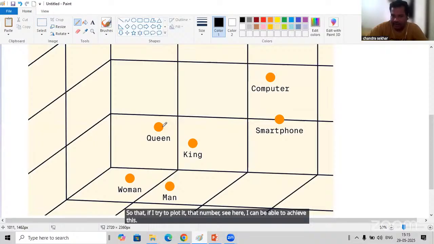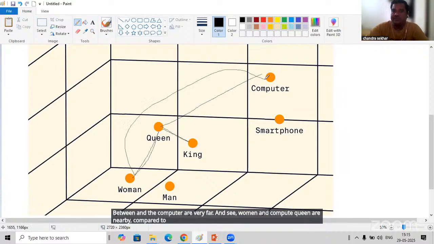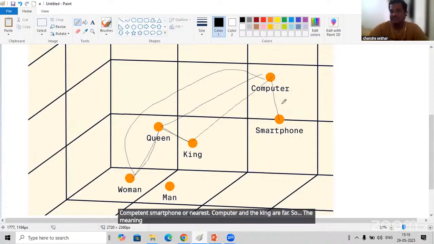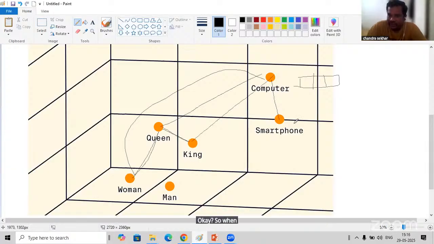The word king and the word queen are very nearby. Queen and computer are very far. Women and queen are nearby compared to women and computer. Computer and smartphone are nearer. Computer and king are far. So the meaning it has to represent. That's why we have to convert into embeddings. It should not be any blind representation. When you plot it, it has to represent the natural understanding.